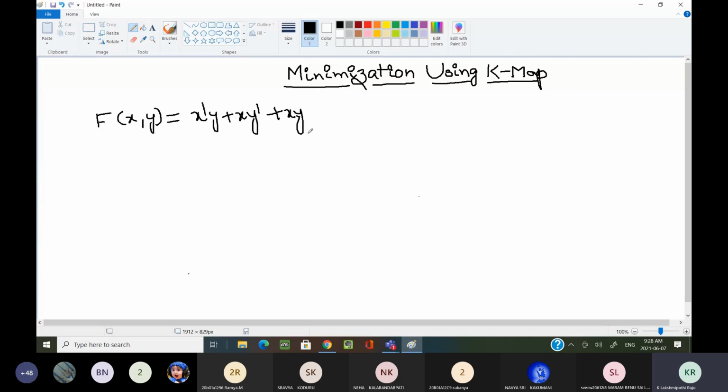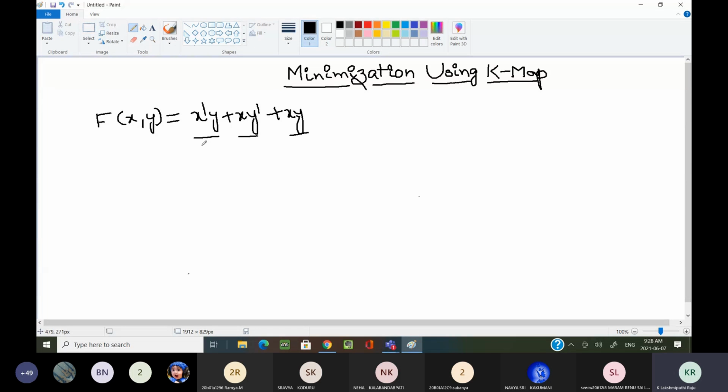Now, one more important point you should remember: whenever you are simplifying a Boolean expression by using a map method, every term should be in standard form, whether it is an SOP or POS expression. Or canonical standard form. I hope you can understand what a standard form is. Every term should contain all the variables.